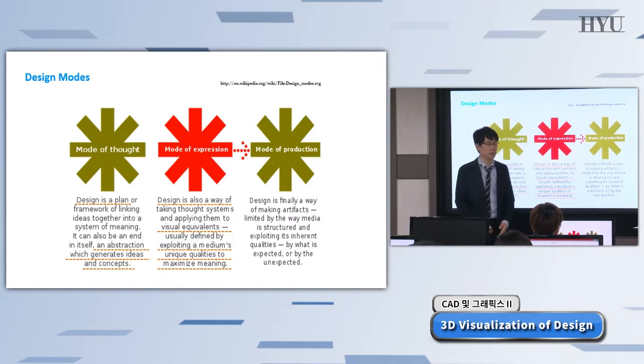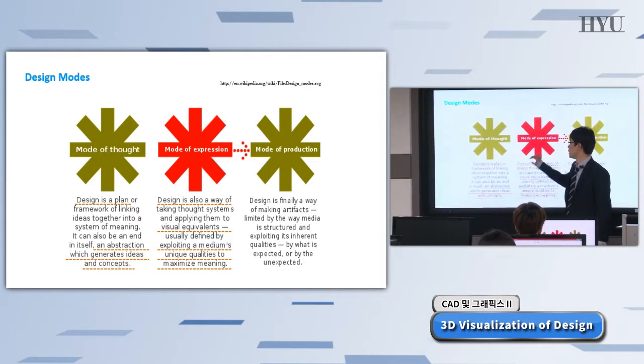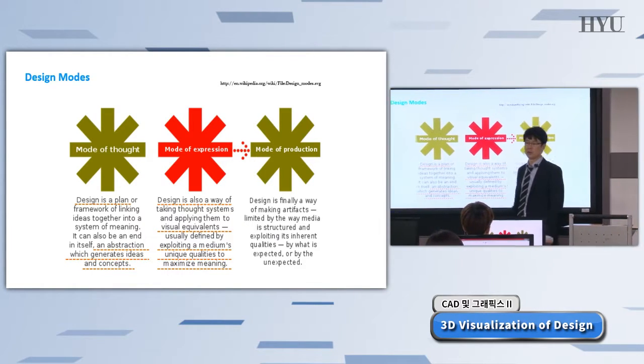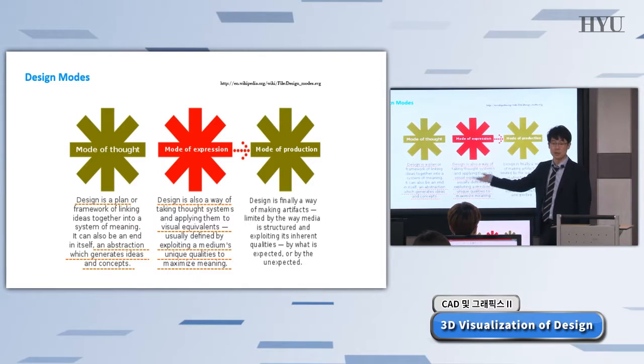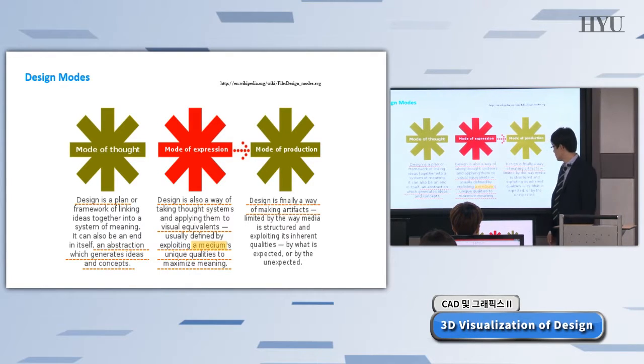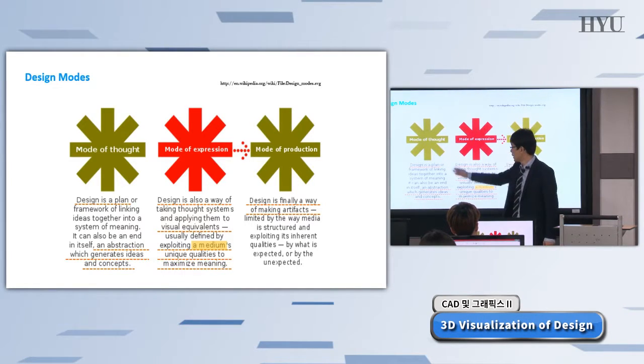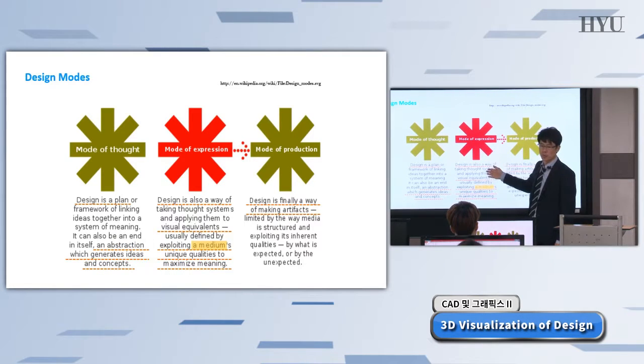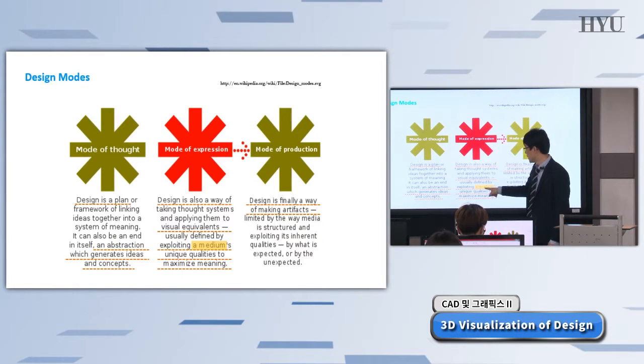Simply because people only see your visualization, not your thought. No one can see inside of your brain. Anyway, mode of production is the next phase, but our class has focused on this mode of expression, mode of visualization. The medium is 3D Max.